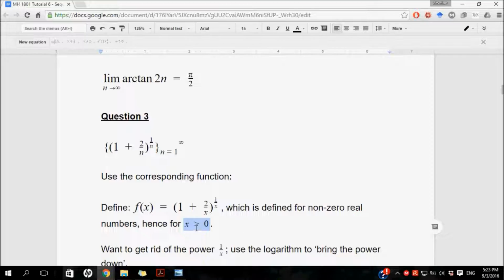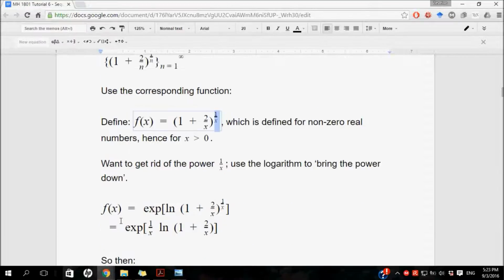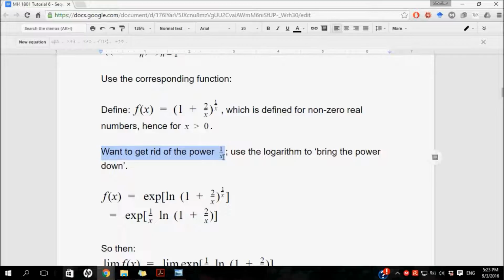Now I want to fix the problem which comes from the power of 1 over x here. I would like to get rid of this power because it's hard to deal with. How can I take this power and shift it down? Well, the way to do this is by means of the logarithm.